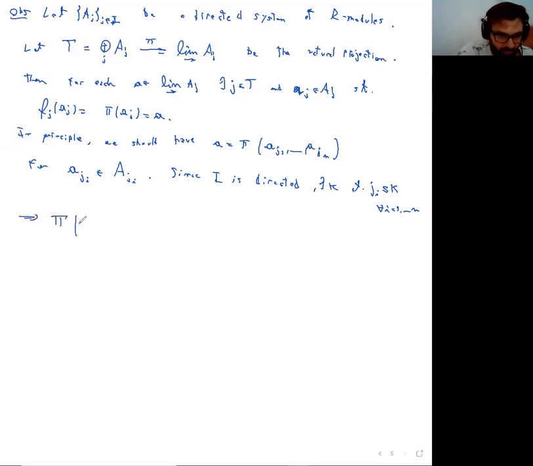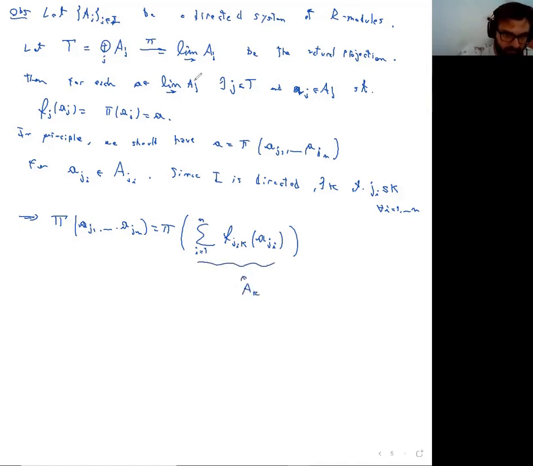So when you're taking pi of a_{j_1}, ..., a_{j_n}, it is the same as taking pi of the sum of f_{j_i k}(a_{j_i}). So we're going into A_K first. And now this is an element in A_K, which is this A_j that we were talking about before.